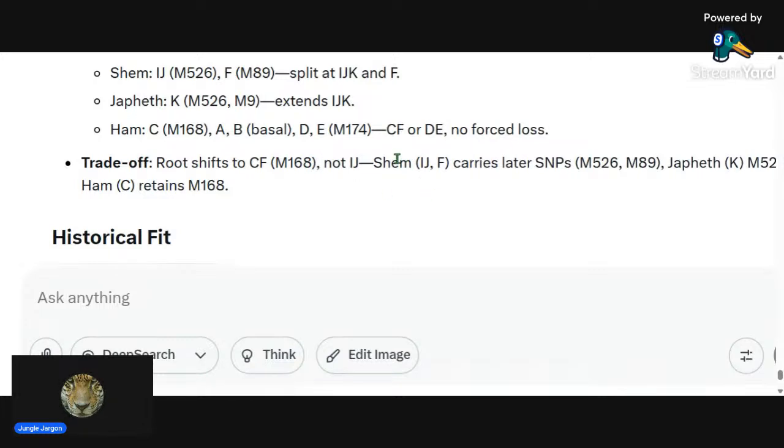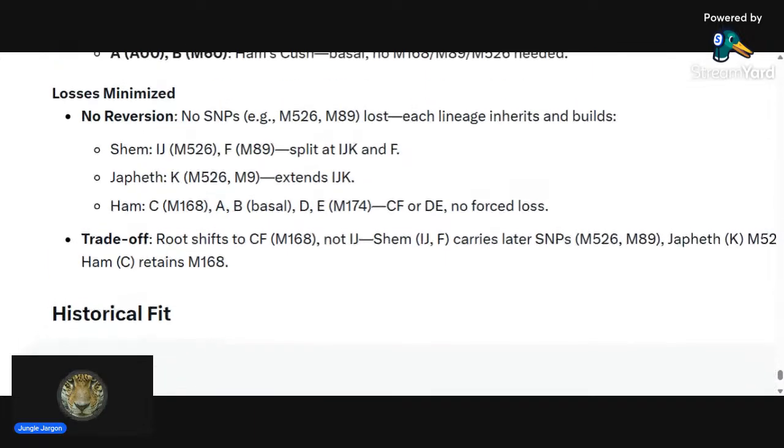Okay. Shem's IJ and F carries SNPs, and Japheth K 52. Ham C retains M168. So this is the shared marker with everybody else. If it's a CF marker, it's shared with everybody else to the right. So they've got to have better explanations here.